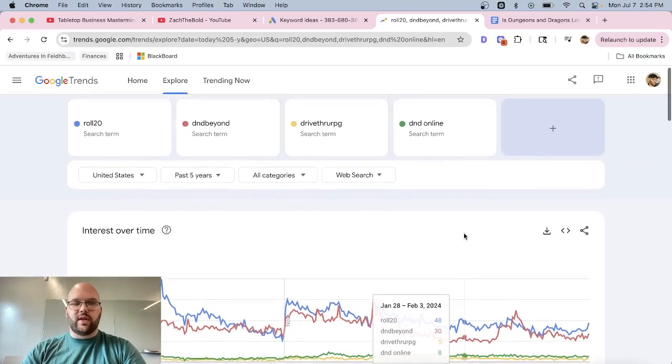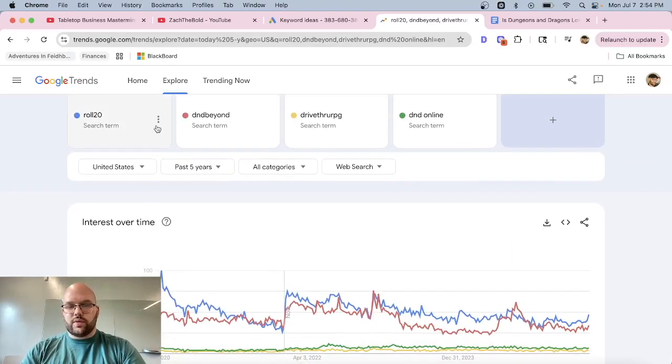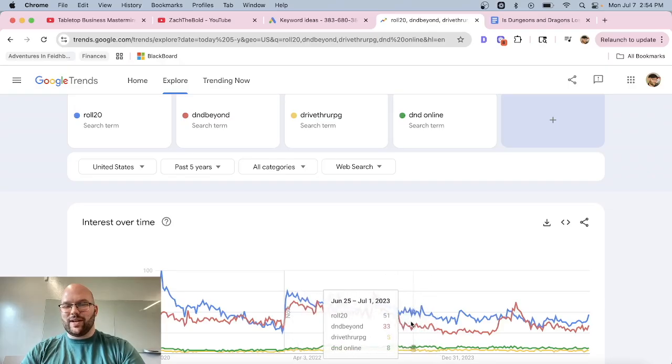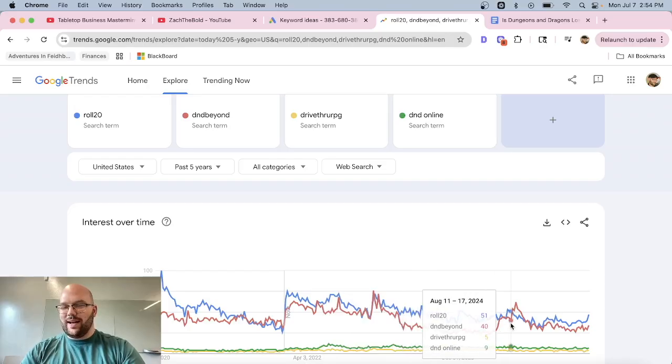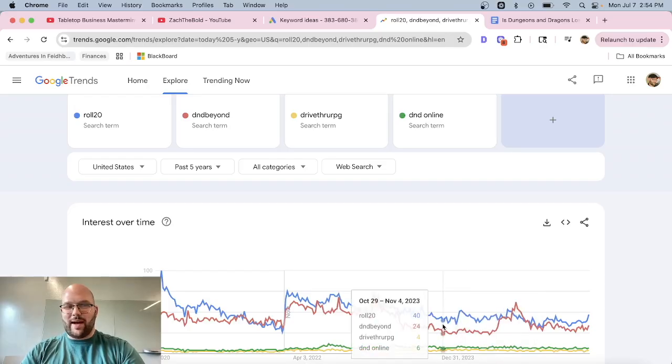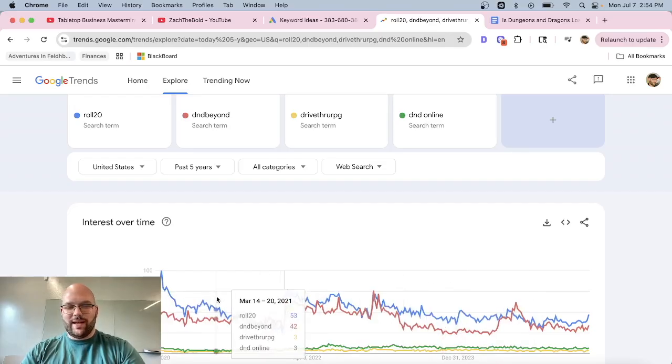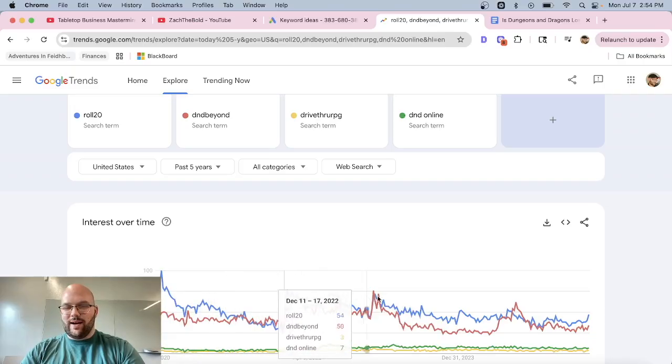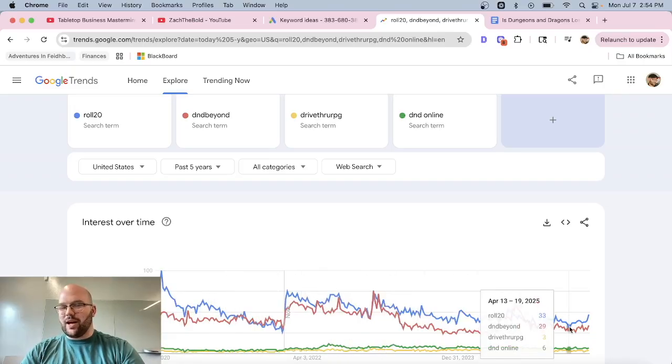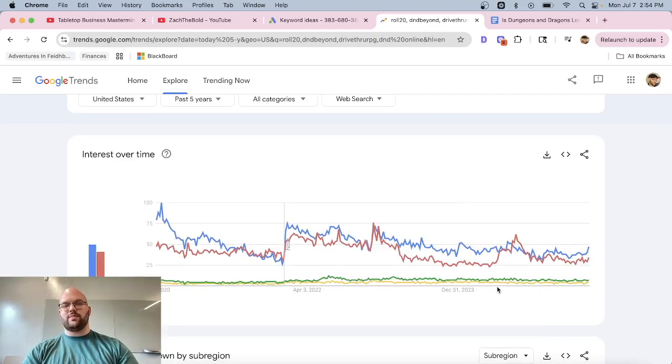So we have a couple of clear overperformers, Roll20 and D&D Beyond. I love how D&D Beyond gave a real sag here in 2023, and it started climbing itself back up, but Roll20 is actually doing, on average, better than D&D Beyond, which is very surprising to me.